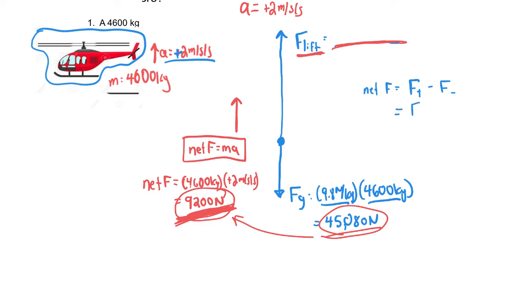Whatever that lift force is, once we subtract away the downward force, we are going to get back the net force. Okay, and this is how you solve all these types of problems. You will have to use both definitions of the net force. So once you do this, all we have to do is get the lift force by itself.